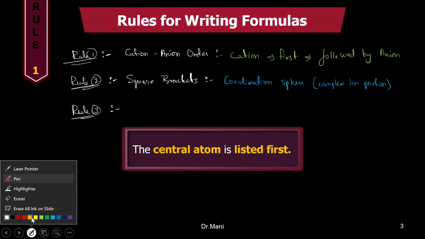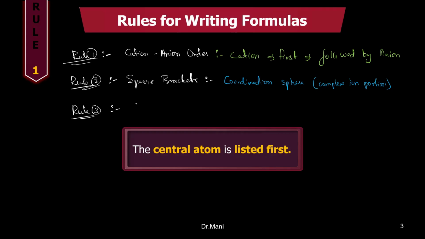Rule number three. We'll discuss in detail; I'm just giving a nutshell of what we are doing. Rule number three is central atom position. So what is the central atom? Typically a metal, right? The central atom, typically a metal, will be the first within the coordination sphere. Yes or no?